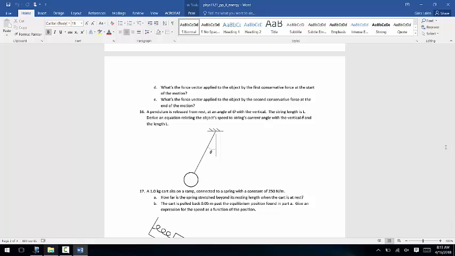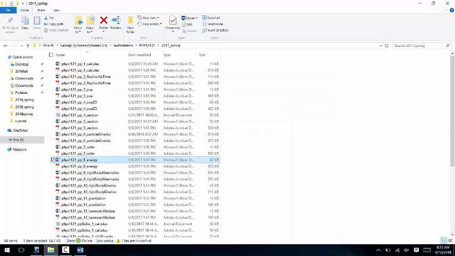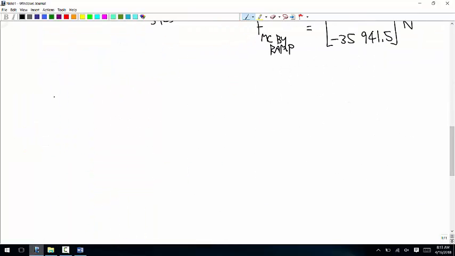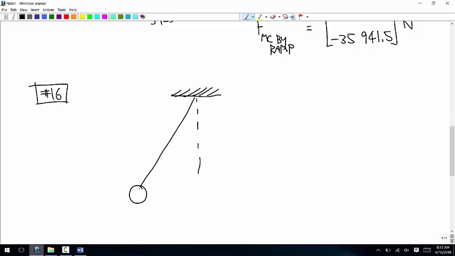Okay, so for a pendulum, we want an equation that relates the speed to that current angle, and we're assuming the length is L. So we have this mass m.